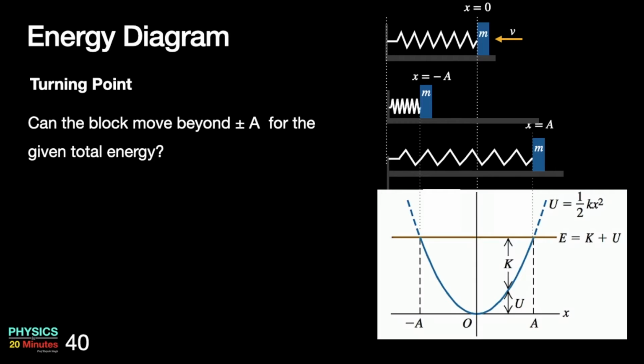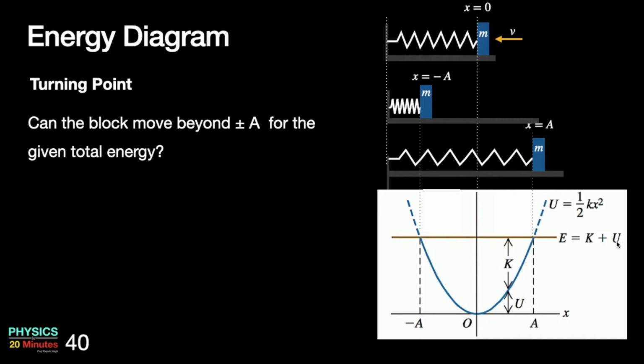Now can the particle move beyond plus minus a, beyond this position for the given total energy? Suppose my total energy is fixed here and I want the particle to go beyond this. If you go further towards the right, your potential energy will increase further because x will increase. But your potential energy was already equal to E and k was 0.